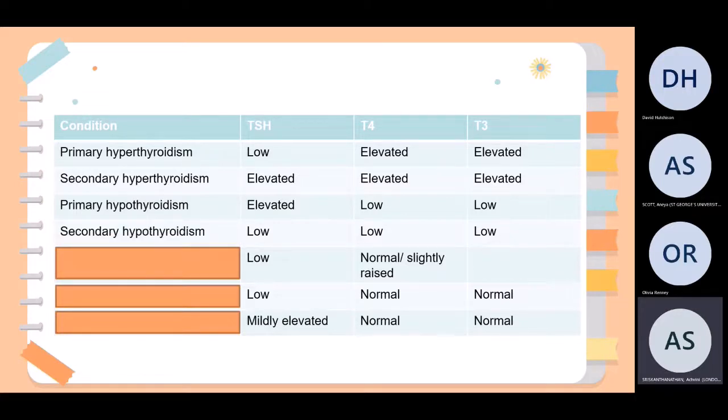Well done. And then you've got a low TSH in the next one, and then a normal or slightly raised T4. T3 doesn't really matter here. Can be subclinical. So yeah, it is the euthyroid, so it's sick euthyroid.